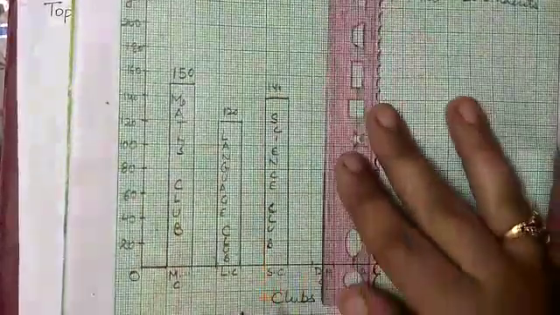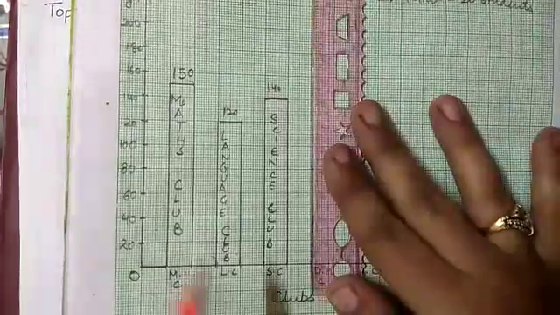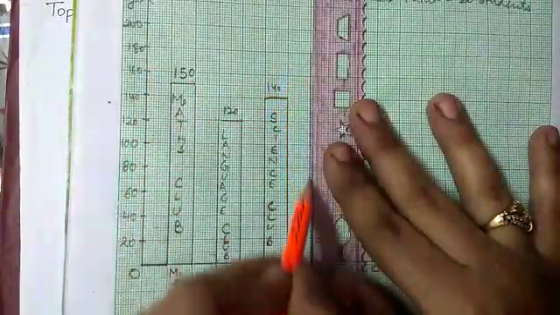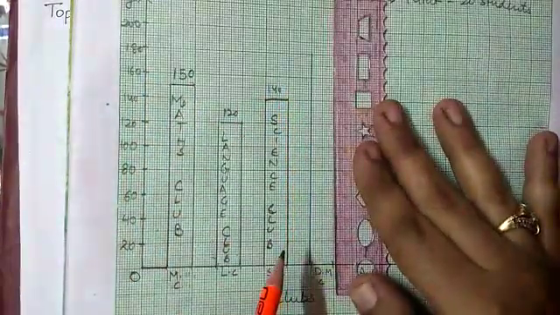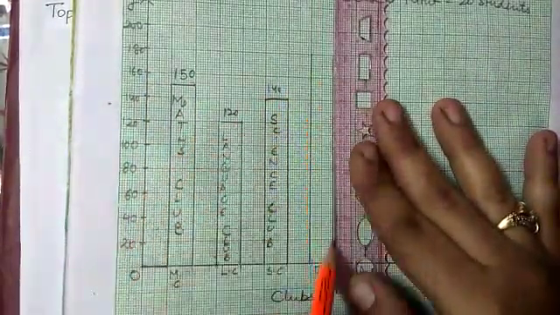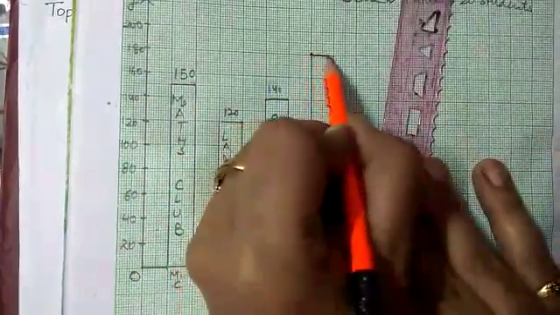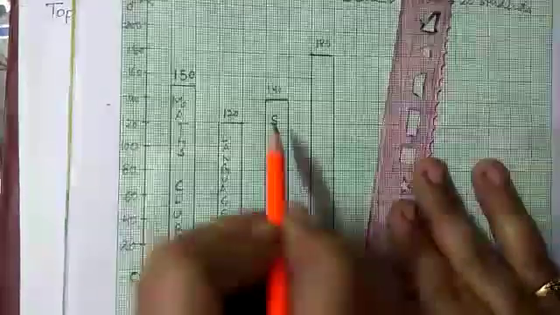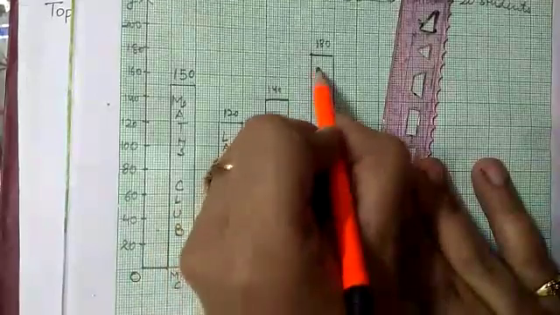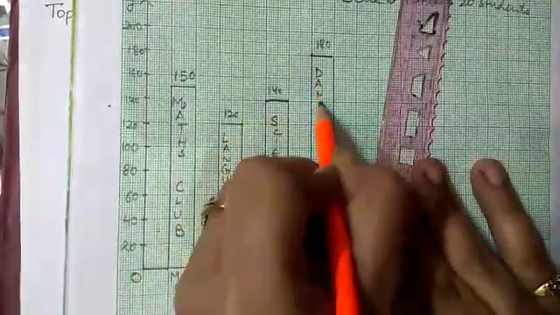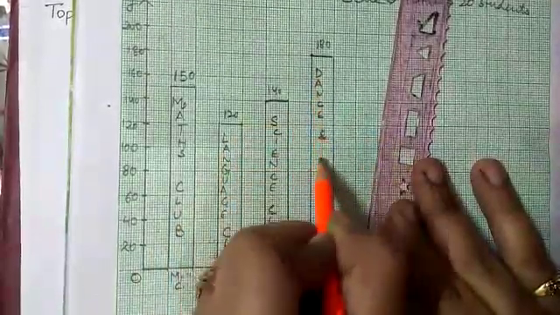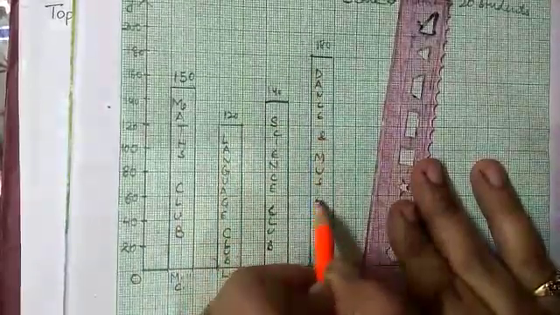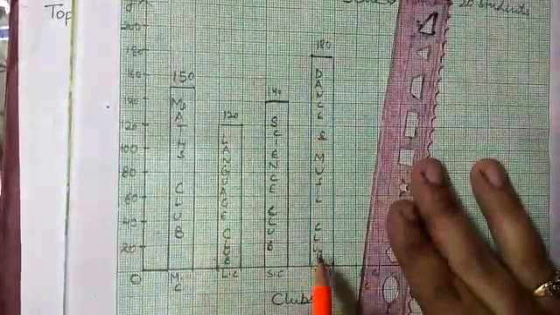And next is dance and music. They are showing 180. So draw one more line to represent this 180. Always remember to write here, this is the dance and music club. Fine.